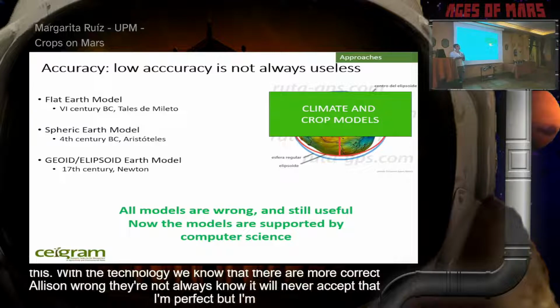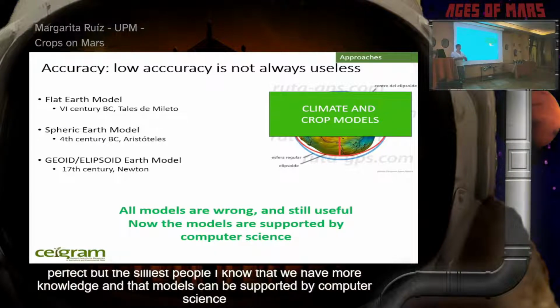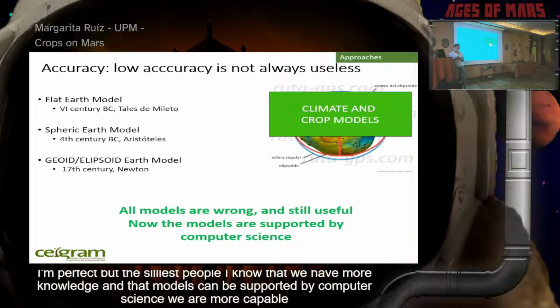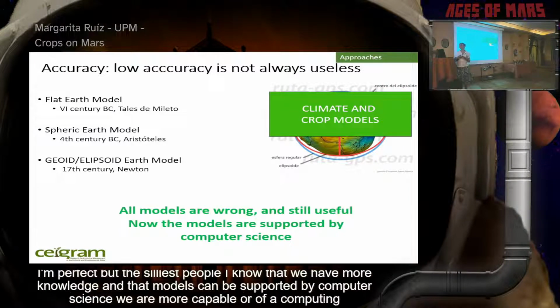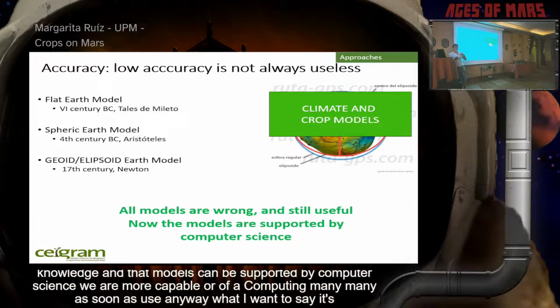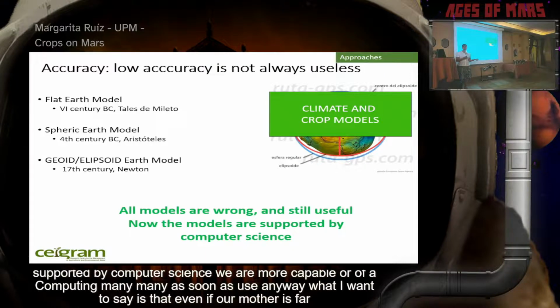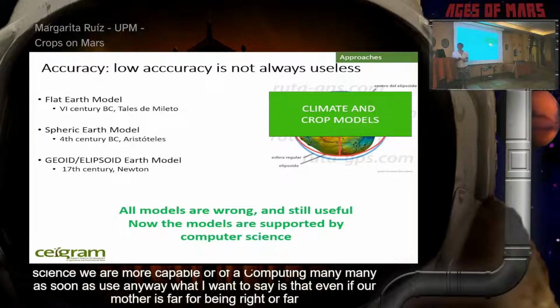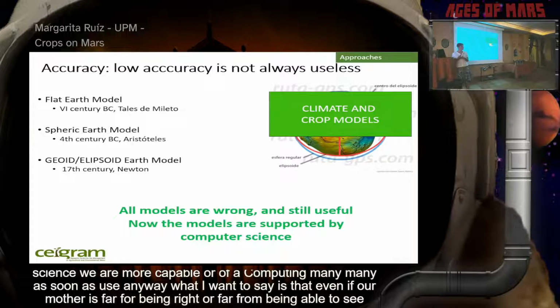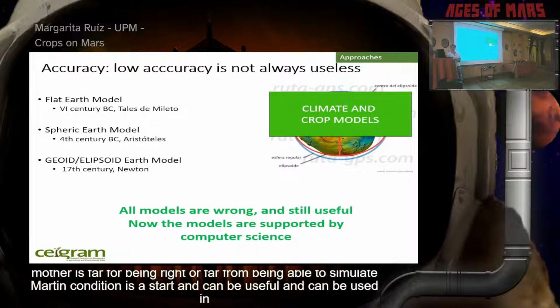And now that we have more knowledge and that models can be supported by computer science, we are more capable of computing many scenarios. Anyway, what I want to say is that even if our model is far from being right or far from being able to simulate Martian conditions, it's a start and can be useful and can be used in many useful ways.